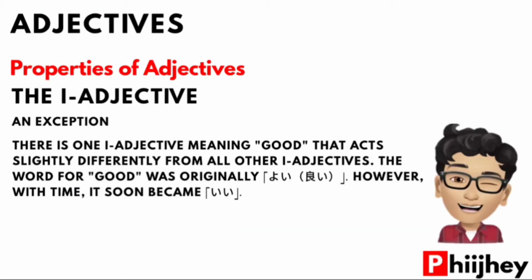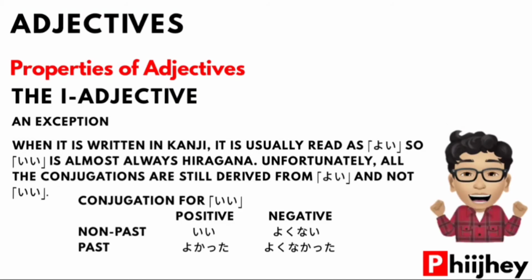With i-adjectives, there is one exception. The i-adjective meaning good acts slightly different from all other i-adjectives. The word for good was originally yoi, however, with time it soon became ii. When it is written in kanji, it is usually read as yoi, so ii is almost always hiragana.